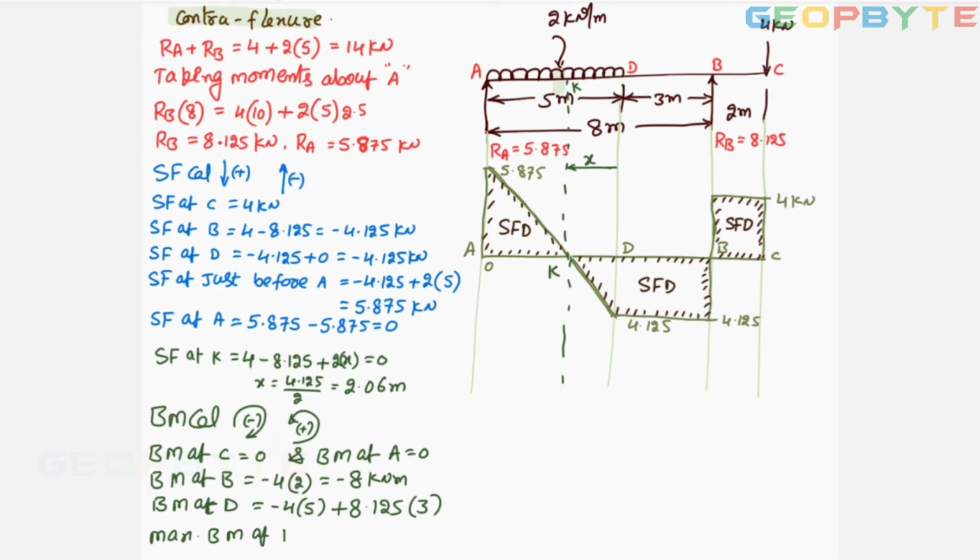Next, maximum bending moment at K. This K distance is 2.06 meters, right?